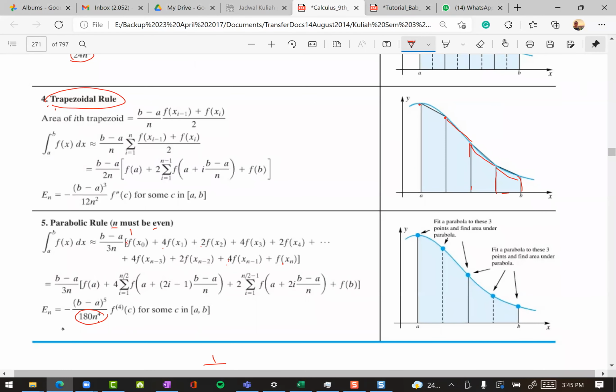This is 1, 4, 2, 4, 2, 4, 2, 4, 1. So that's the pattern of the coefficients. So it's basically from the formula, yeah. From the formula. Okay, thank you, sir.